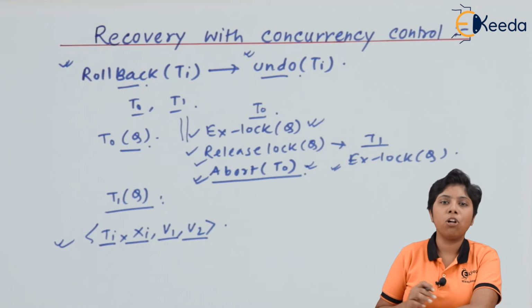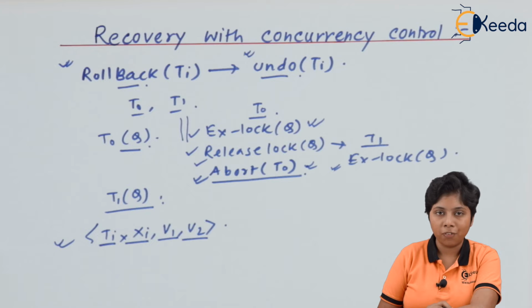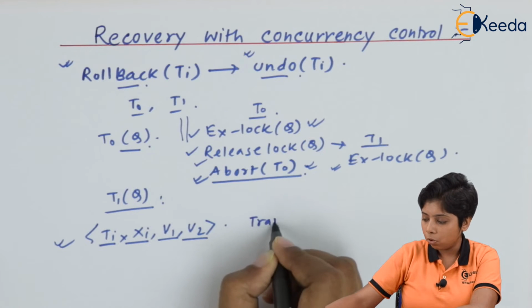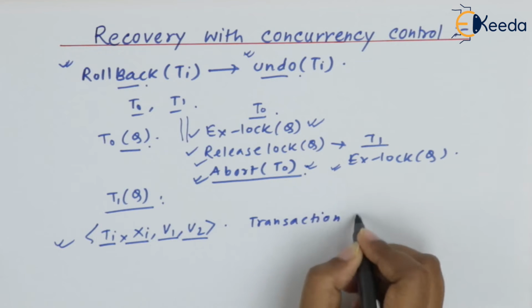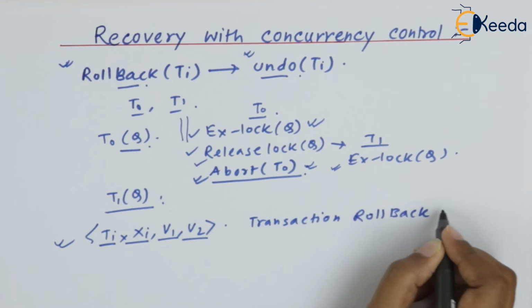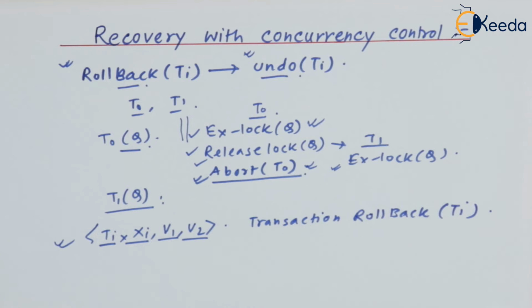We know that for a log record we can maintain this type of information. But what happens when we perform a transaction rollback on Ti? This rollback will restore Xi from V2 to the earlier V1 value.